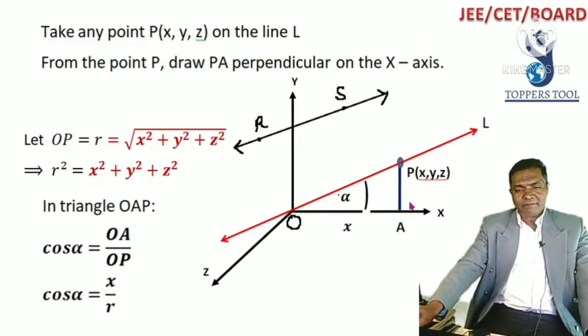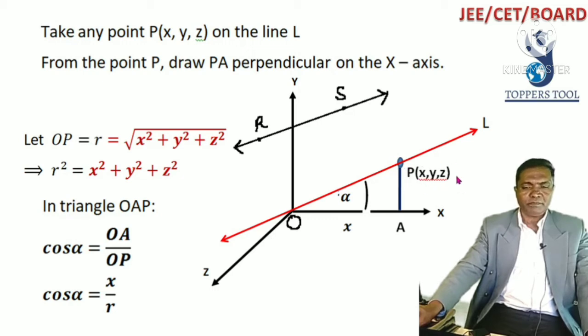Now in a triangle, compare this, see here this triangle OAP. And what about cos alpha? Cos is adjacent by hypotenuse. So this distance is x, because looking at the coordinates, the point P has the coordinates x, y, z. So this distance stands for x and this stands for y.